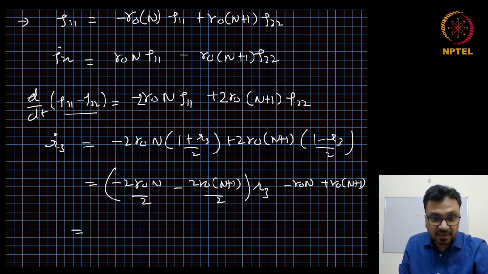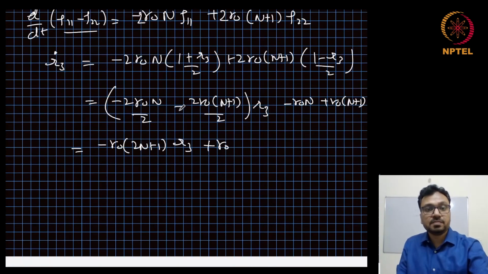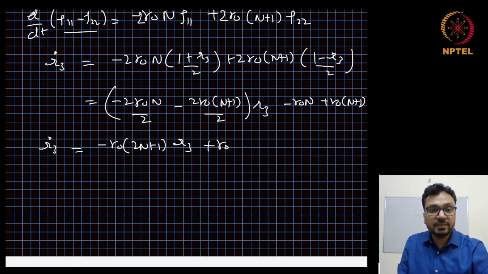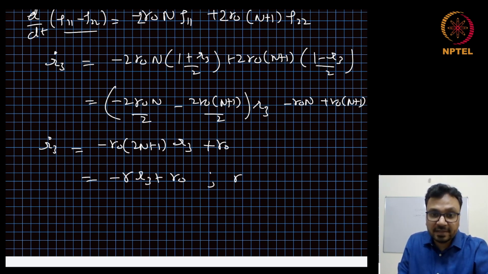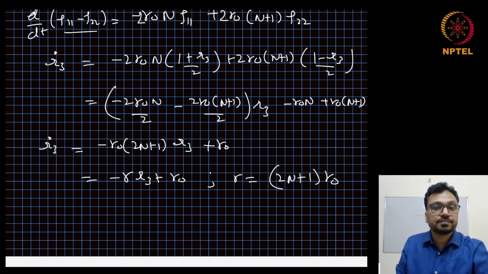From here we get minus gamma naught 2n plus 1 R3 plus gamma naught. So R3 dot can be written as minus gamma naught 2n plus 1 R3 plus gamma naught, or we can write minus gamma R3 plus gamma naught, where gamma is 2n plus 1 gamma naught.